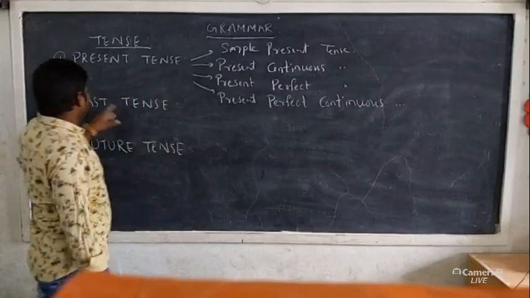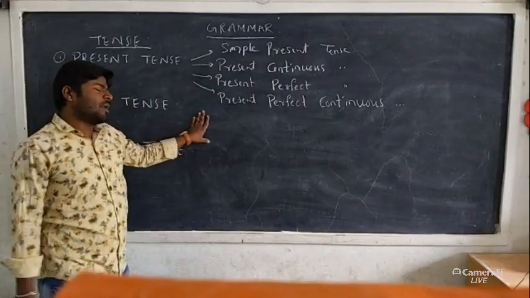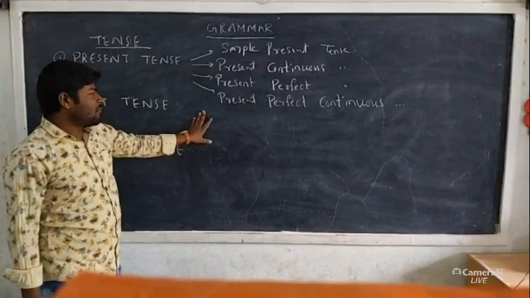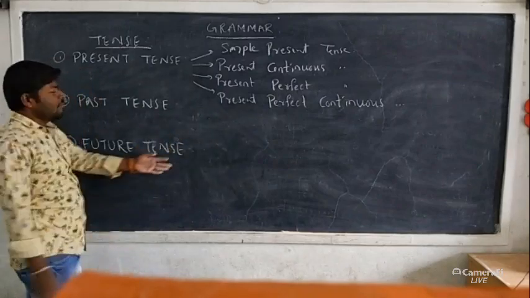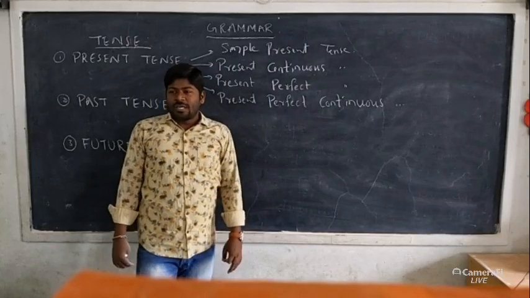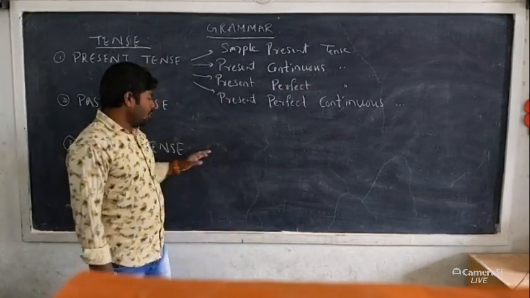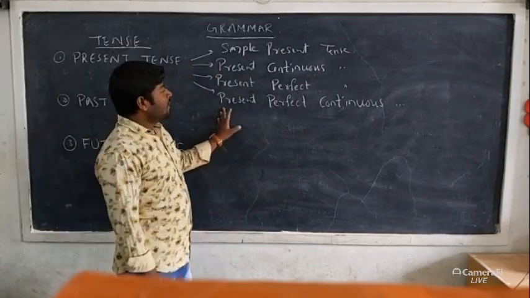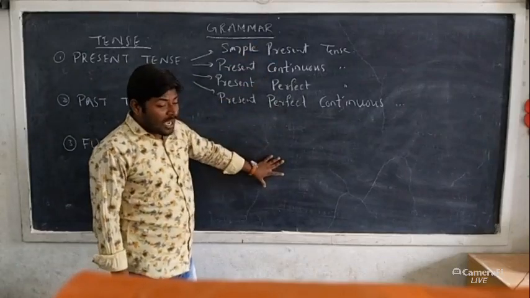So in the same way, past also has simple past, past continuous, past perfect continuous. Future also the same: simple future, future continuous, future perfect continuous. So in the same way, we have a total of 12 tenses.